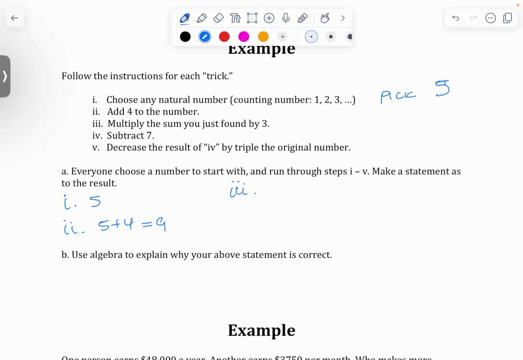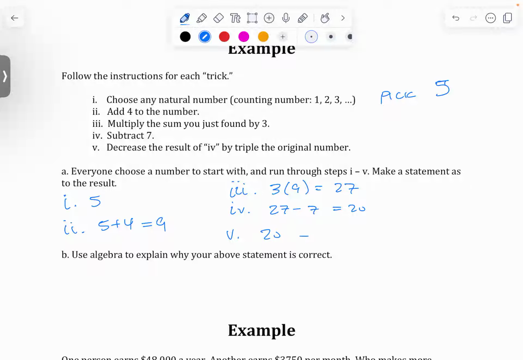Then I'm going to multiply that number by 3. Then I'm subtracting 7 from that number. Lastly, decrease the result of 4, so that was my 20, by triple the original number.